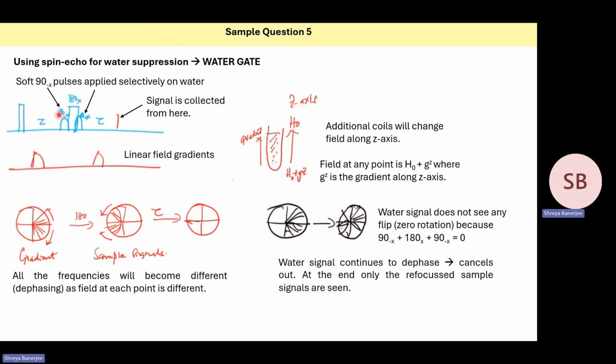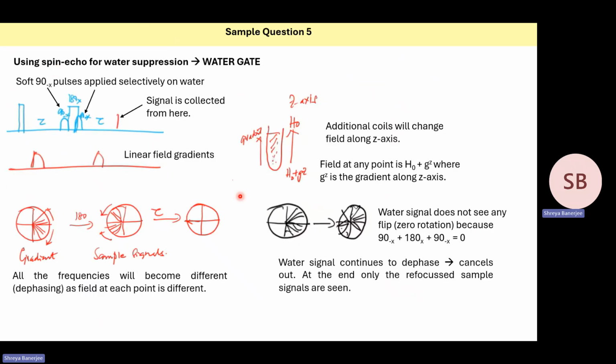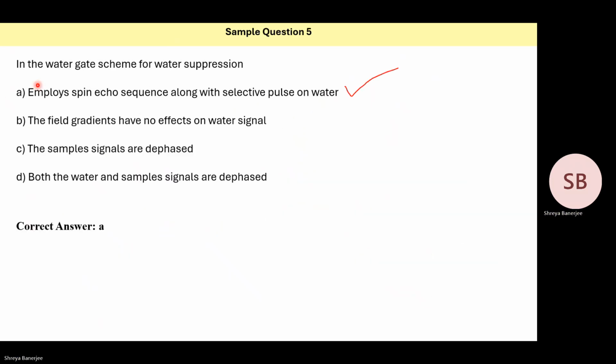So this entire pulse has no effect on water. But what does have an effect is that the field inhomogeneity is causing the water signals to completely spread out and continue dephasing till it becomes zero. So "field gradients have no effect on water signal" is wrong, because they are having an effect in which water is completely dephasing.